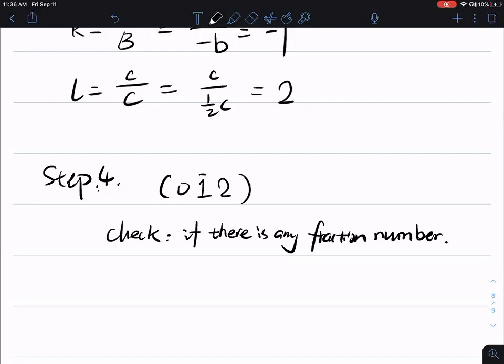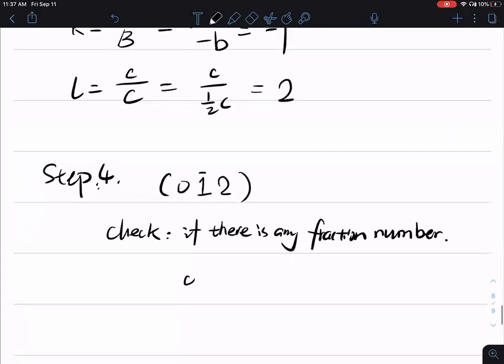So you want to multiply all 3 numbers by the minimum common multiple to make sure everybody is an integer. We don't want any fraction numbers. That's the first thing. Another thing is to check signs. Make sure you don't have something like this: 0, negative 1, 2. That's not right. Put an overhead bar for the negative sign.